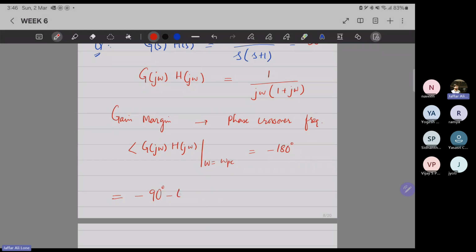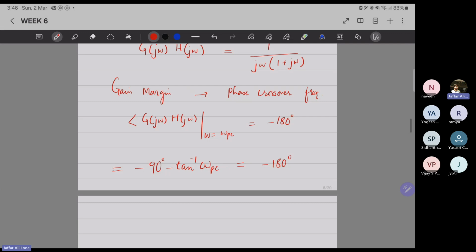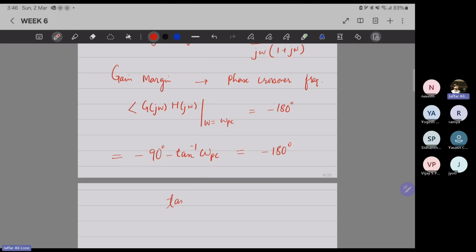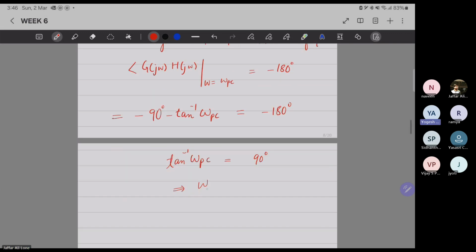And then we have minus tan inverse of omega, but I am putting omega at omega PC because I need to find the phase crossover frequency. And I know when I put omega as omega PC, the angle is minus 180. So the value of tan inverse of omega PC is 90 degrees. It means my omega PC is, what is omega PC? Infinity.